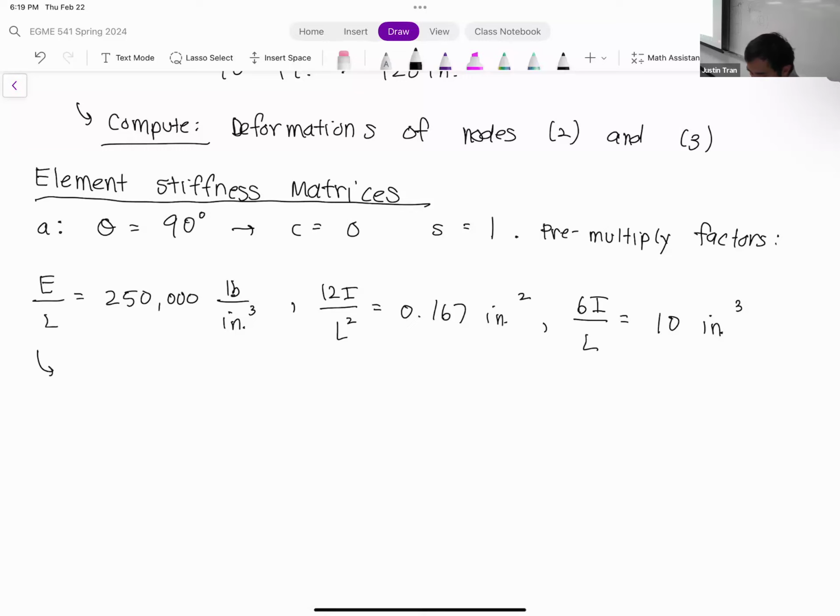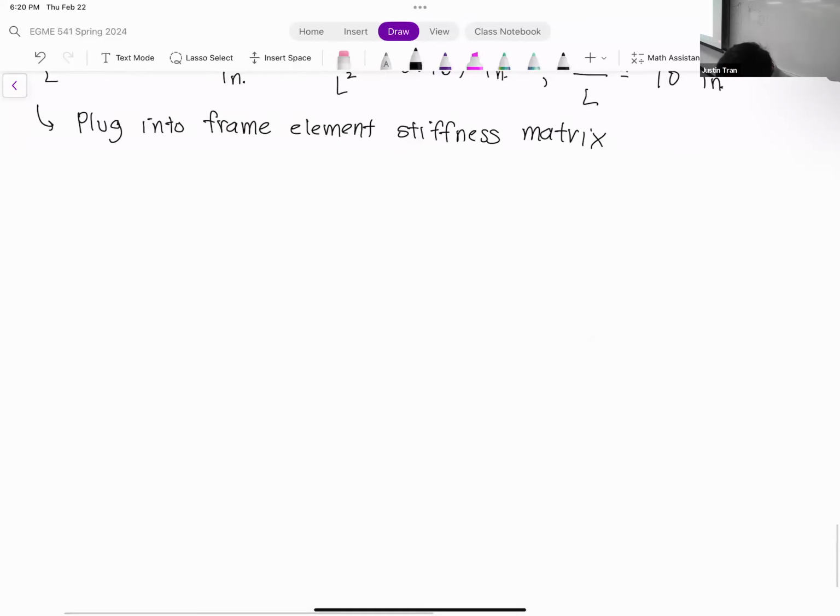All right, so now that we've done this, we can just plug all of these in. Okay. We do 250,000 out in front. All right, so a lot of this is going to cancel because everything that involves cosine is just going to go to 0.